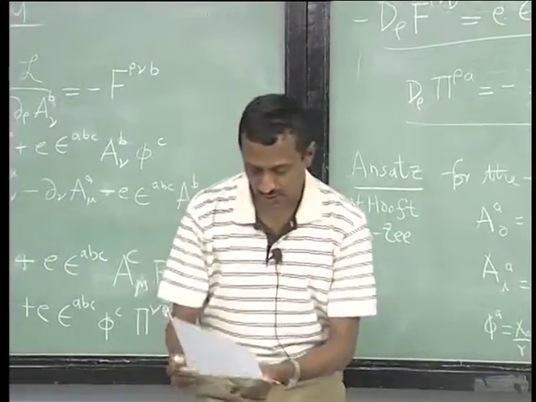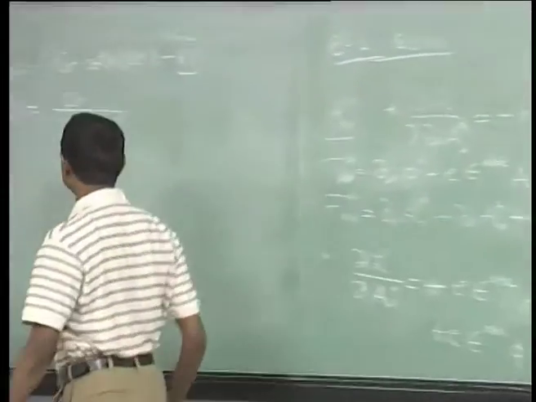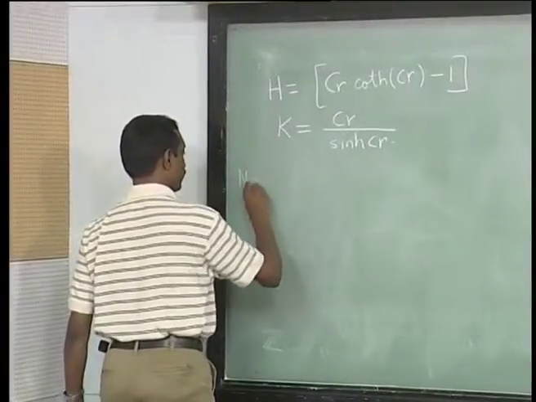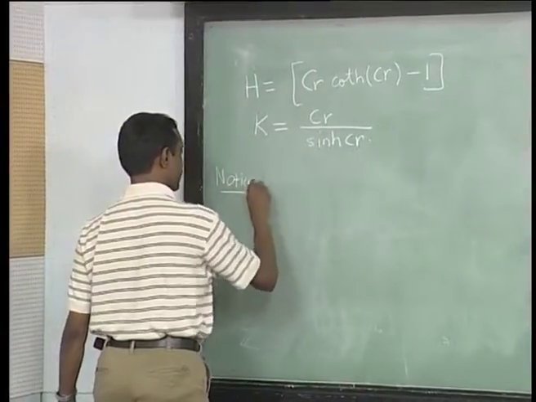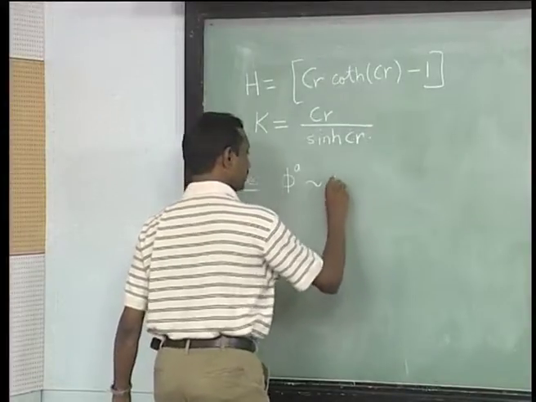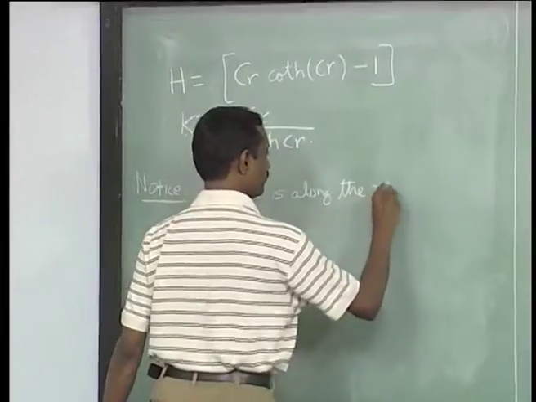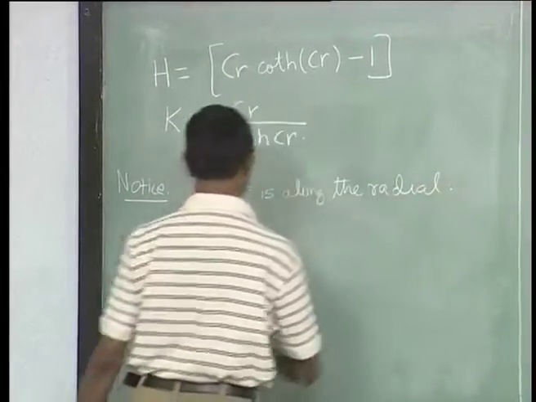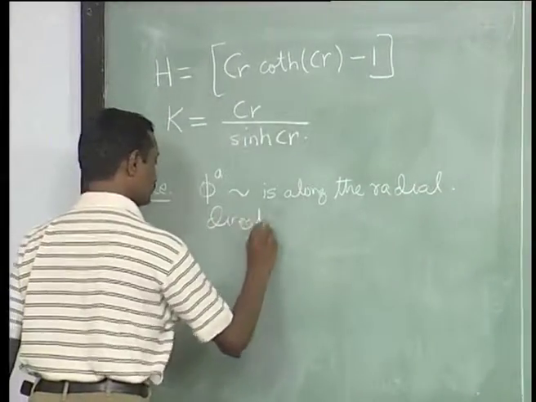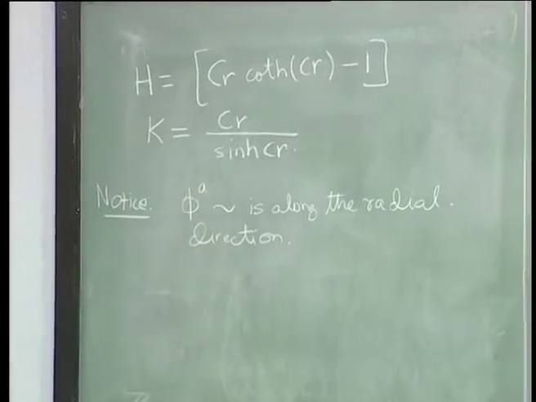So now we can ask what is the U1 gauge field. First thing to notice is that phi a is along the radial direction. Okay.